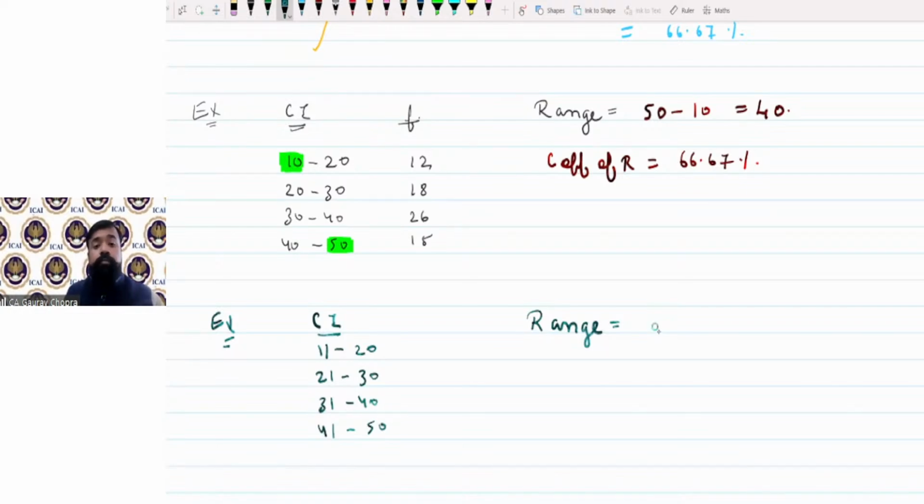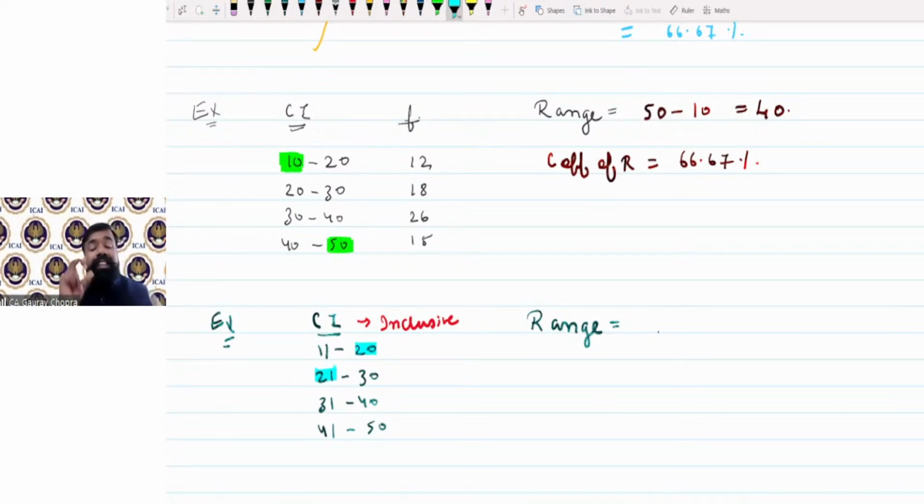This time we can see that the class interval is of the inclusive type. That means there is a gap in between. Like after 20, 21 is written. After 30, 31 is written. After 40, 41 is written.